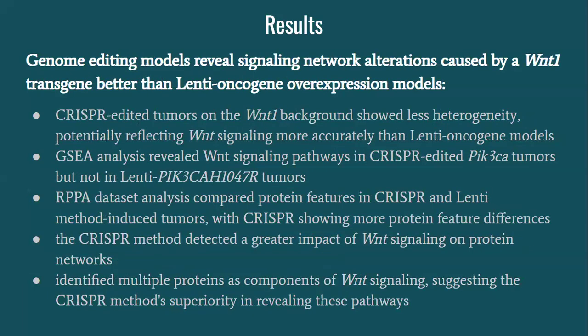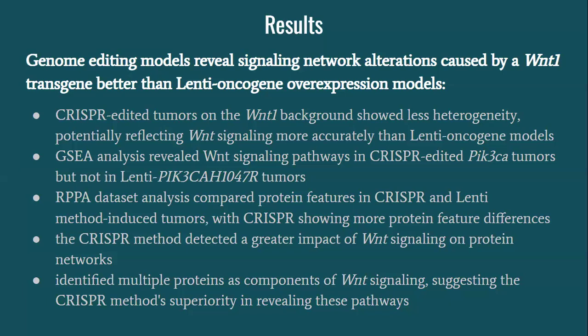So the genome editing models also revealed signaling network alteration caused by a Wnt1 transgene better than the lenti oncogene overexpression models. The CRISPR-edited tumors on the Wnt1 background showed less heterogeneity. So this potentially reflected the Wnt1 signaling more accurately than lenti oncogene models.